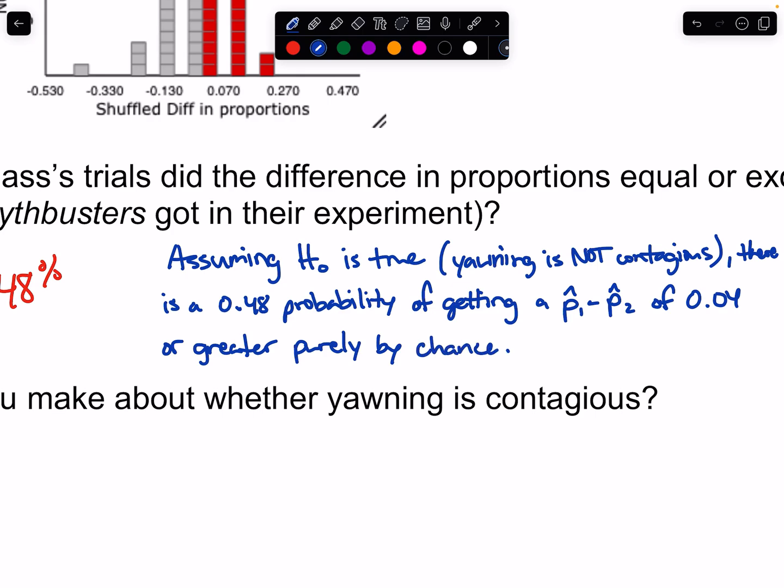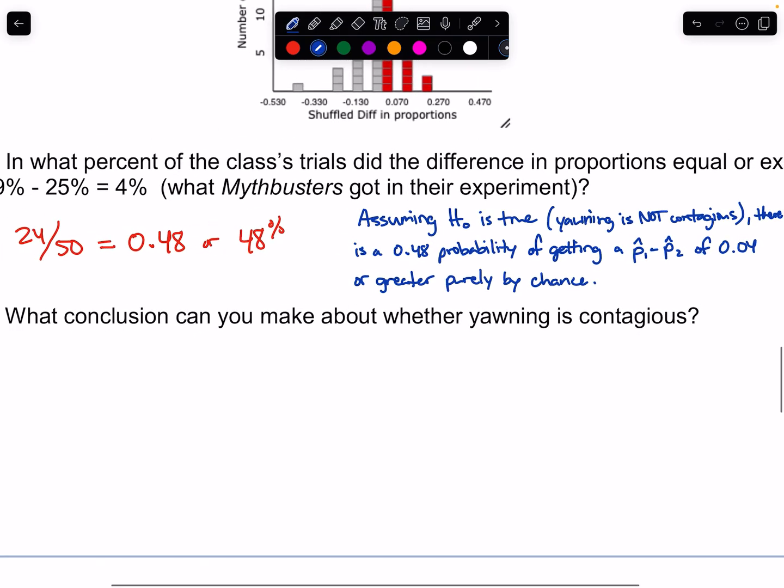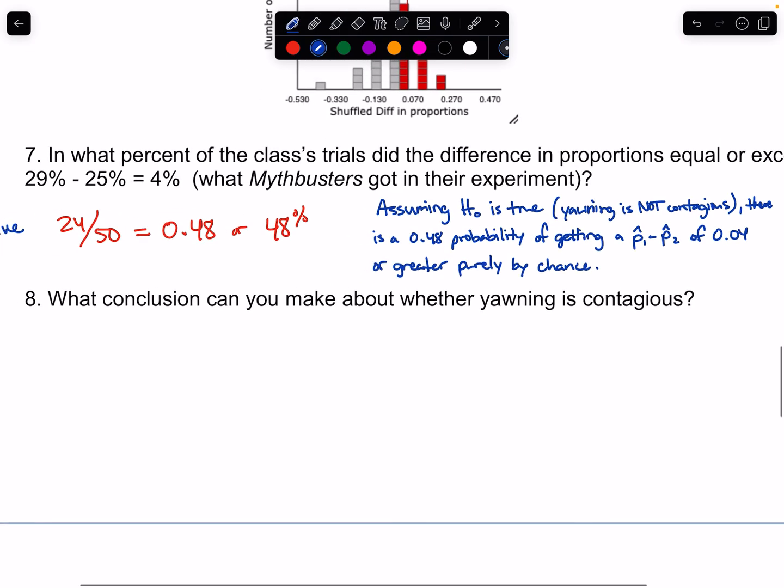So we're saying there's a 48% possibility, almost a 50-50 chance of just getting that number by pure randomness, just random luck. And that's really high. And as we've talked about through the last unit and into this unit, what conclusion can we make?